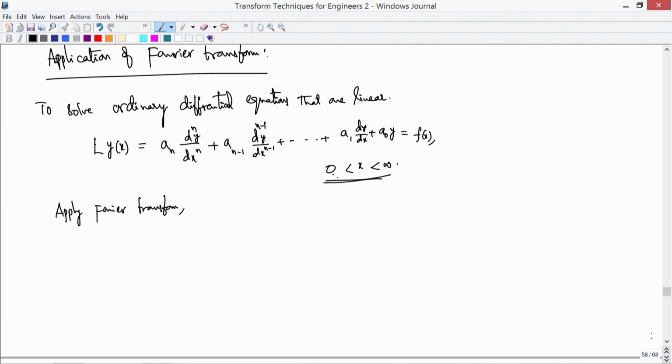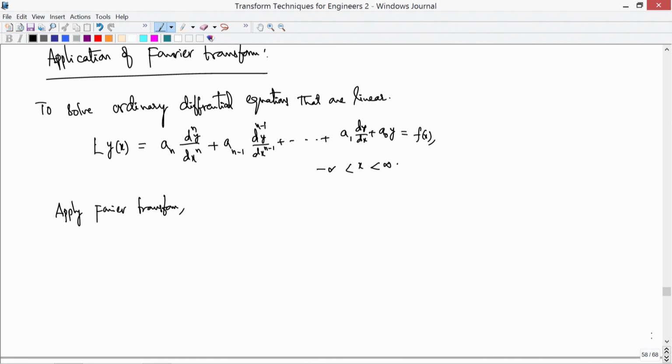Because there is a boundary in your domain, you have to give the initial conditions at 0: y at 0, y dash at 0, up to the (n-1)th derivative at 0. Once you give those conditions, you apply the cosine transform or sine transform.